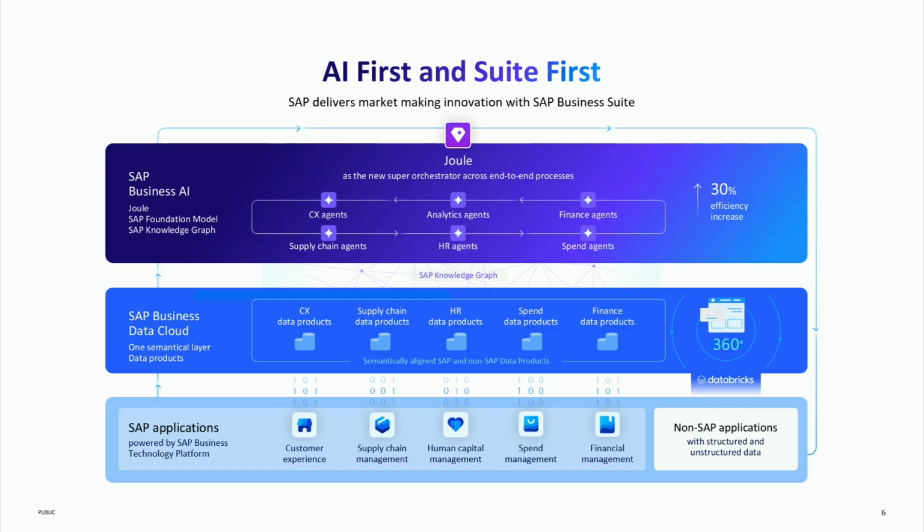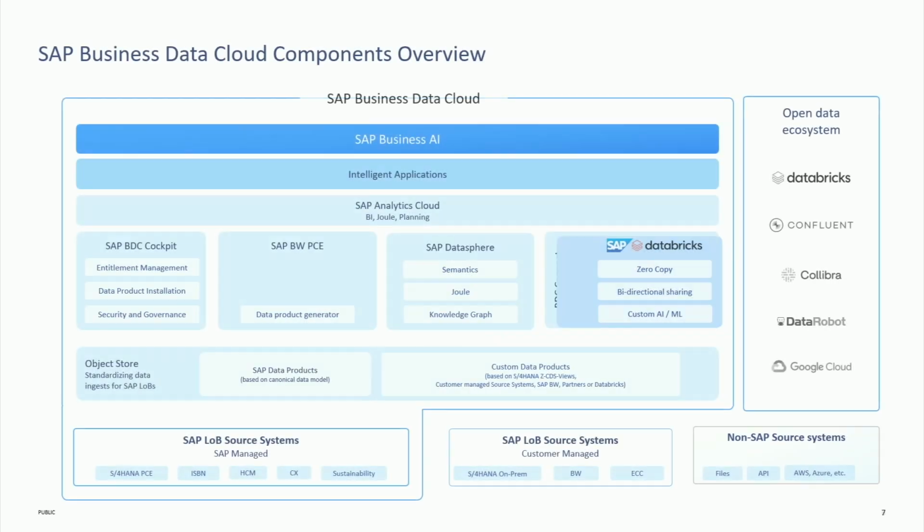They will get data from SAP out of the box as part of the platform. And you will also be able to, in a zero-copy way, consume this data with Databricks workloads in the future. And that's also the second big value proposition of that platform. It will be as easy as never before to consume SAP data in Databricks, without redundancies, without replications, and so on. So that's the overall strategy we are following here.